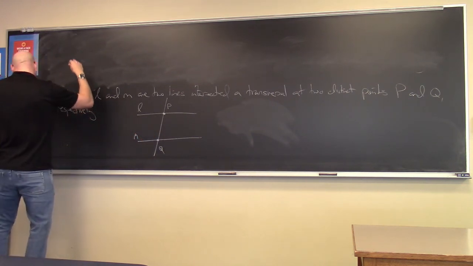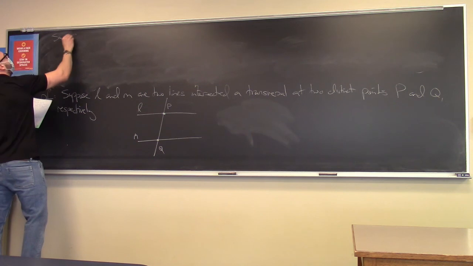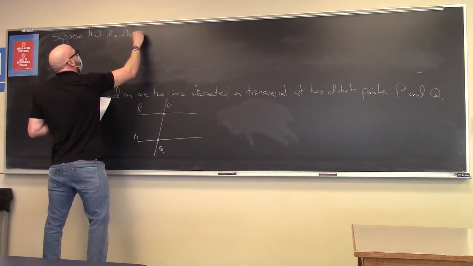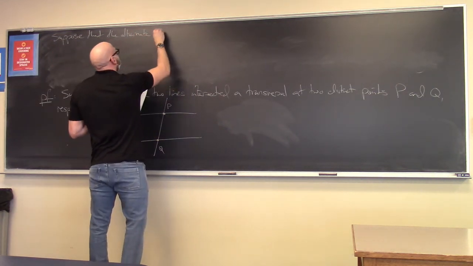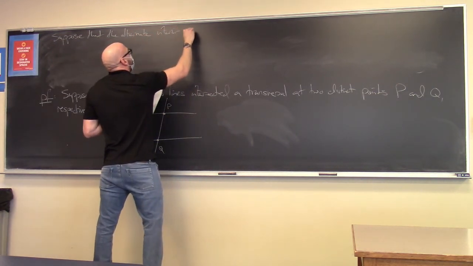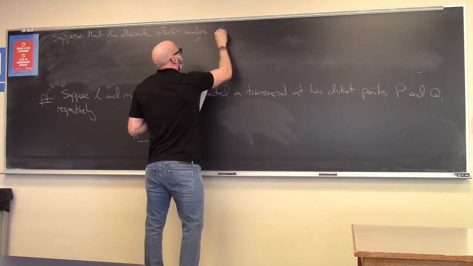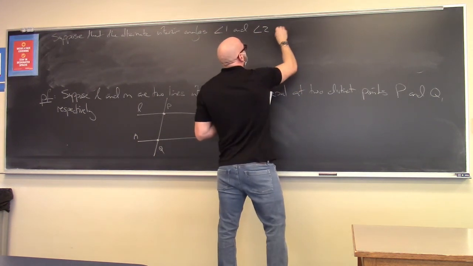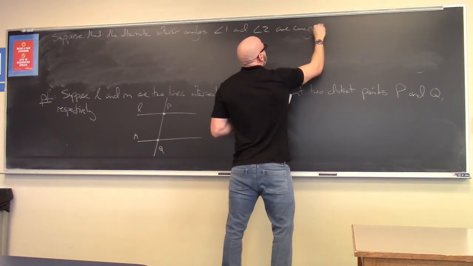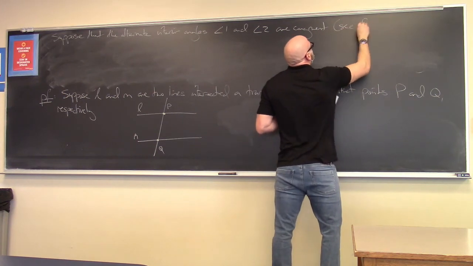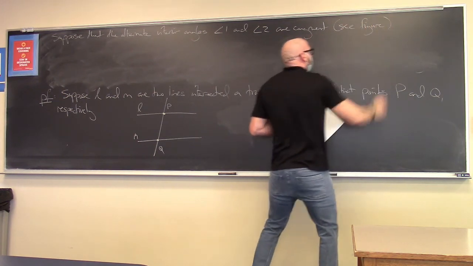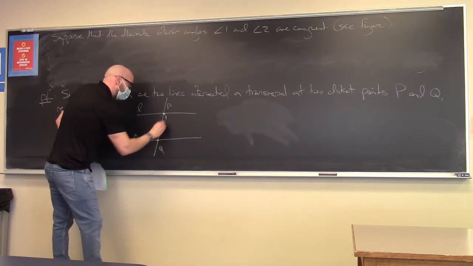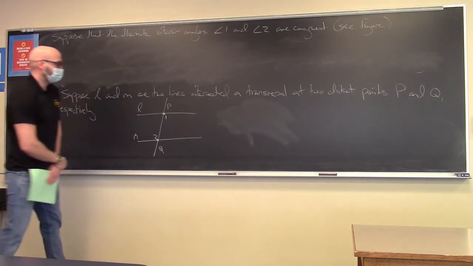So suppose that the alternate interior angles, I'll call them just angle 1, because I don't have many points here to work with, and angle 2, are congruent. Instead of writing down exactly what these are, I'll say see the figure. I want to call this one angle 1, this one angle 2.